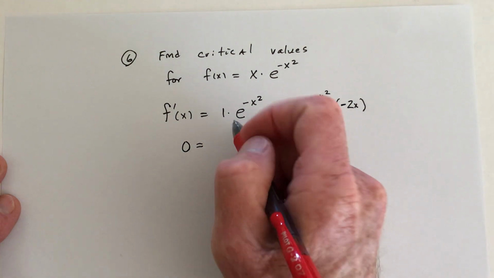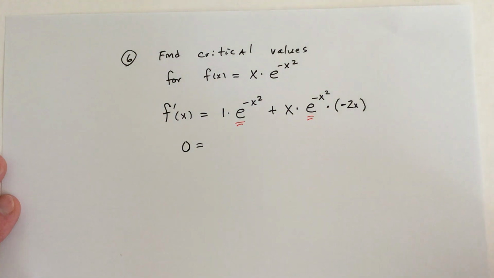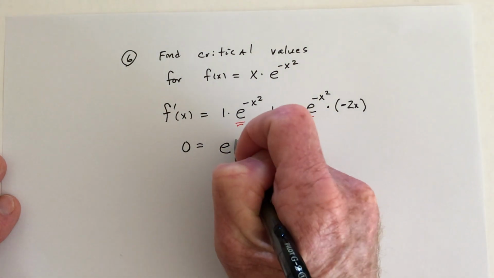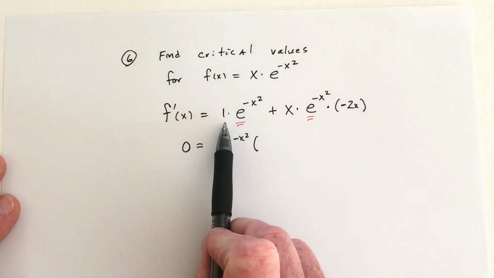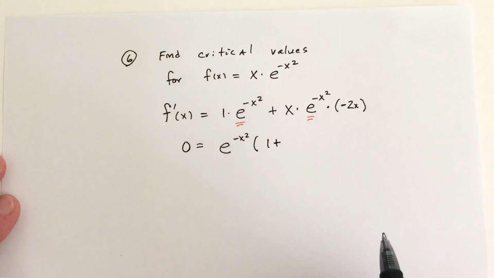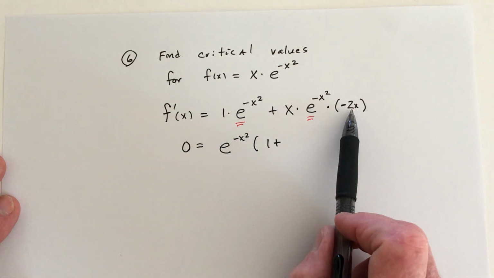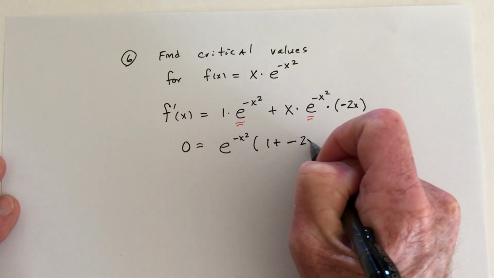So to help out with the algebra, I'm going to say this has the e function and this has the e function, so I could factor that out. When you factor this out, all it leaves behind is a 1 plus, and over here there would be a negative 2x times an x, so that's negative 2x squared.